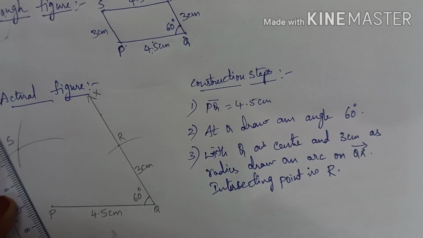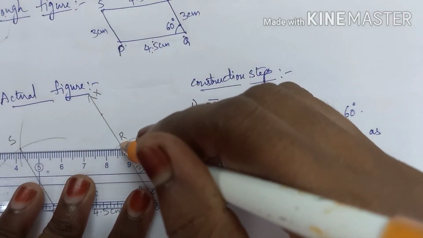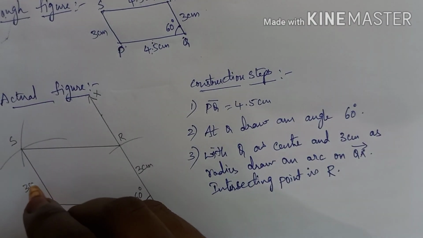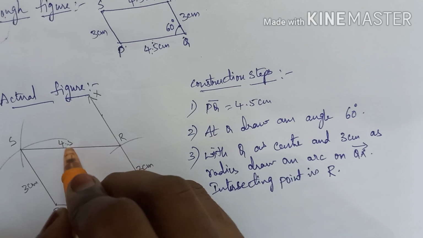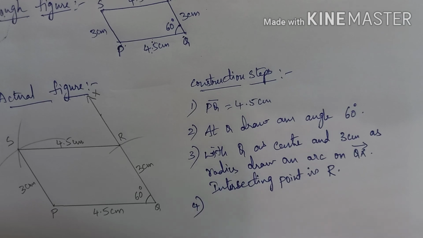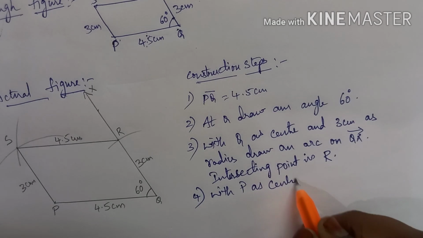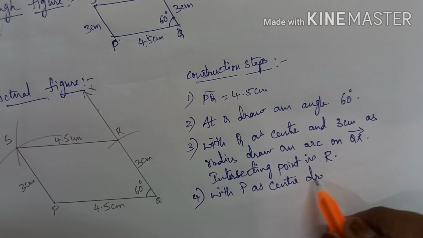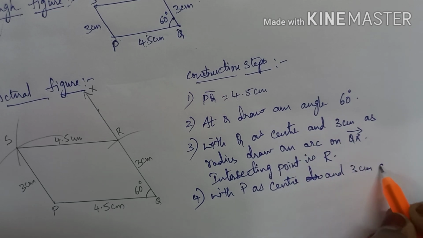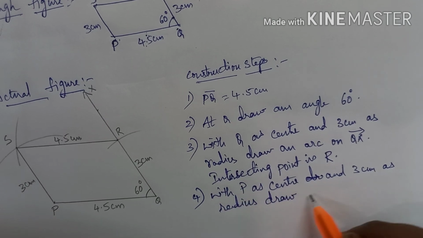So now join P and S, join R and S. Okay, so PS is 3 centimeters, RS is 4.5 centimeters. Okay, children. Now let us write the steps. With P as center and 3 centimeters as radius, draw an arc.